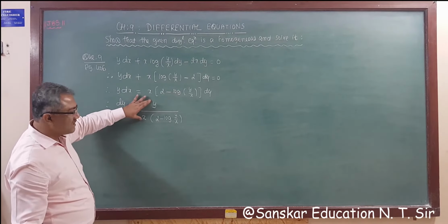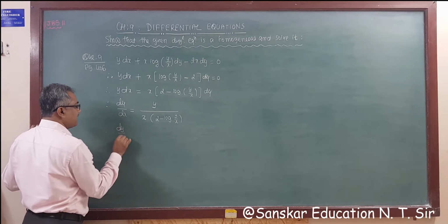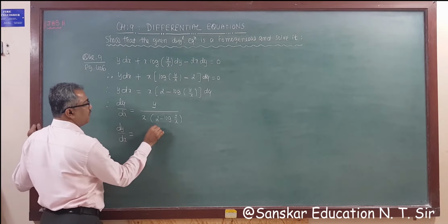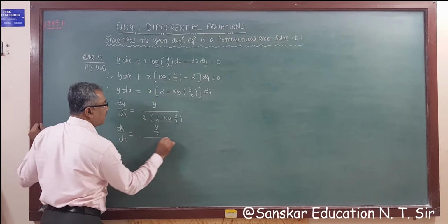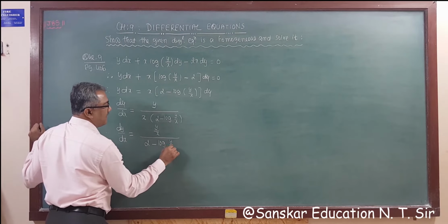So taking this as y by x, we get dy/dx is equal to (y/x) whole upon 2 minus log(y/x).